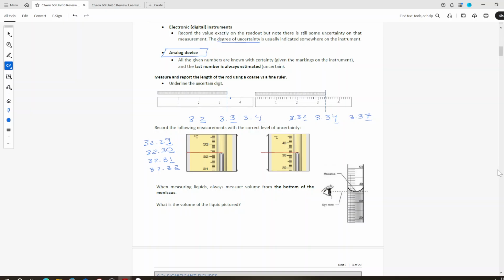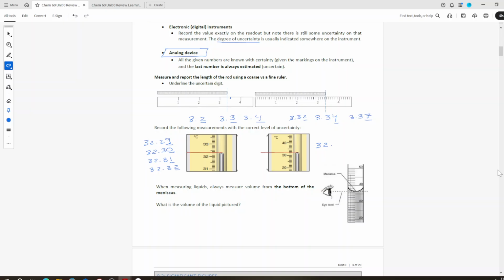So then what about this one? Again, look to see the division. So this one was 32.3, whereas this one is 30, 1, 2, 3, 4, all the way up to 40. So this one, my last known line would be 31, 32. So for this instrument, I can be precise to 1 decimal place.